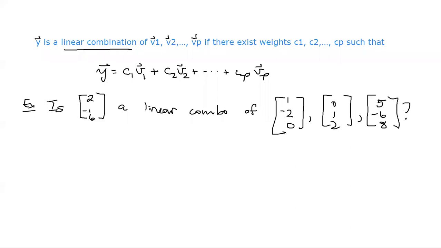Well, how might we figure it out? What would it mean for (2, -1, 6) to be a linear combination of these things? What it would mean is that here, the (2, -1, 6) would be our y.